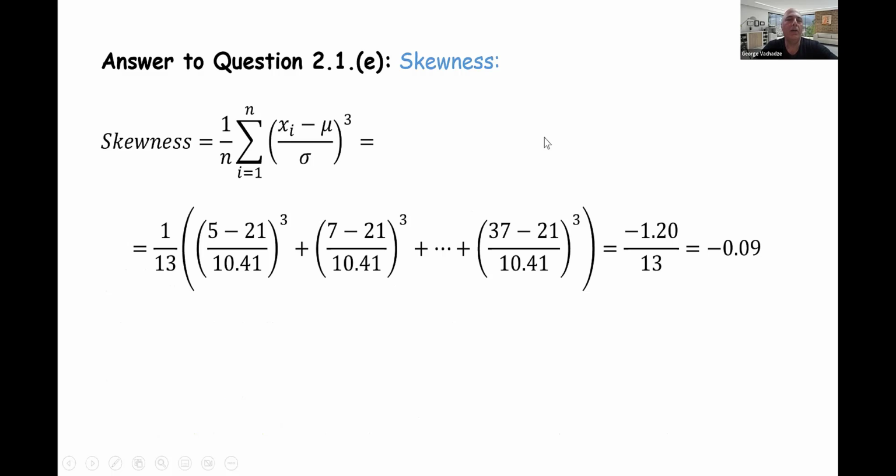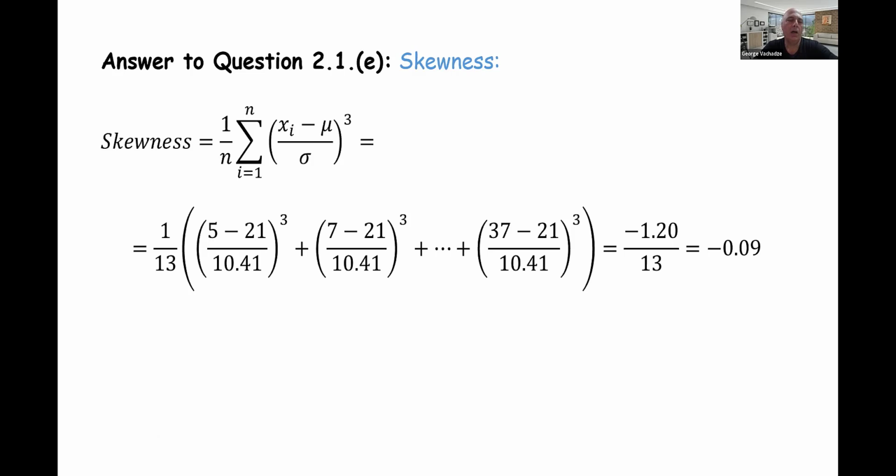Now, in order to find the skewness, we need to rely on the following formula: 1 divided by n, times the sum of all (xi minus mu) divided by sigma, cubed. We treat mu to be 21 and sigma to be 10.41. Sigma denotes the population standard deviation, and mu stands for the population mean.